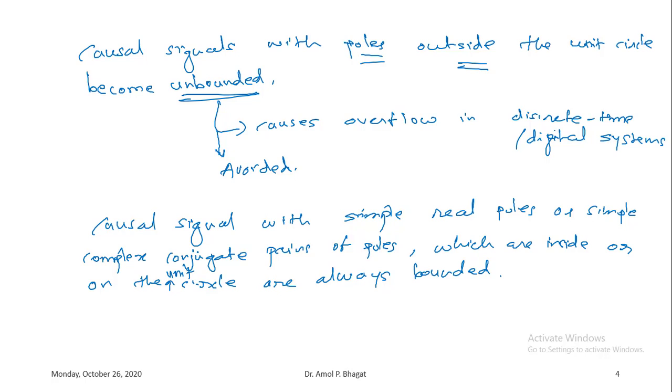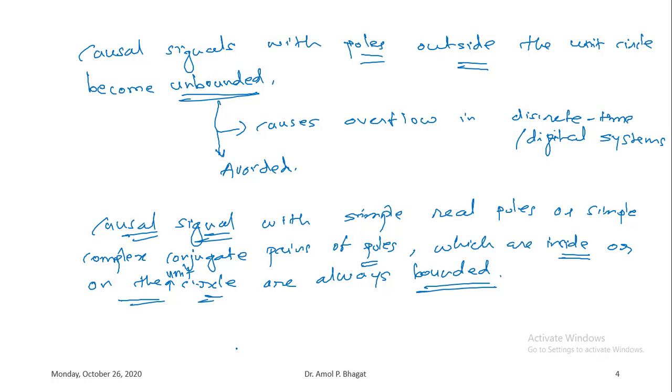If the poles, whether real or complex, are inside or on the unit circle, the causal signal becomes bounded. This is how we can define the time domain behavior of a causal signal depending on the pole locations.